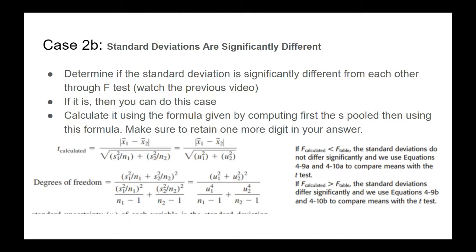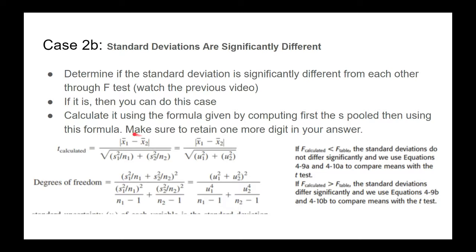And so on your T calculated, which is the one that you're going to calculate, we have x1 bar minus x2 bar. So what that means is that, excuse me, I prefer using this way because it's kind of less complicated, and we're going to explain why.